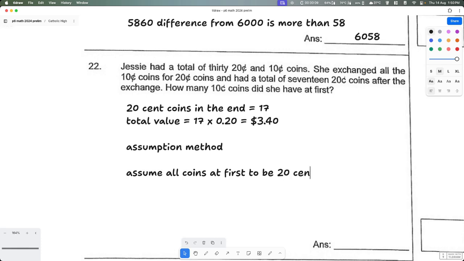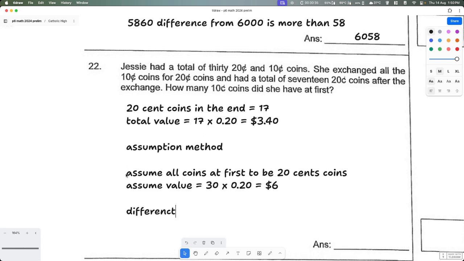So the assumed value is 30 times 20 cents, which is $6.